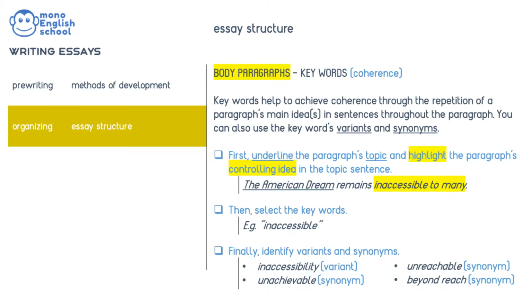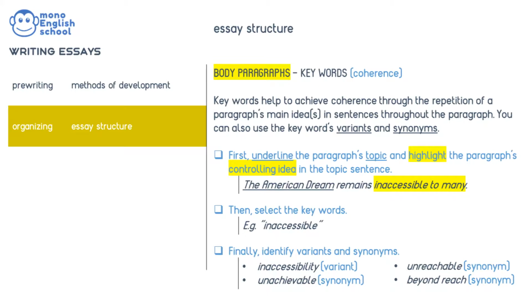To successfully use keywords to achieve coherence, you can underline the topic and highlight the controlling idea contained in the topic sentence. In our example, you can see the American dream is the topic and inaccessible to many is the controlling idea.